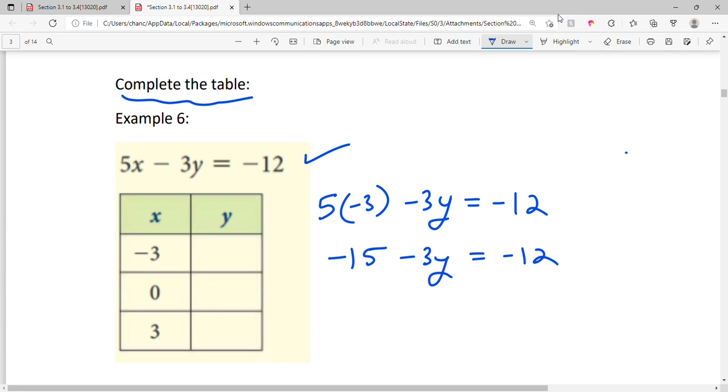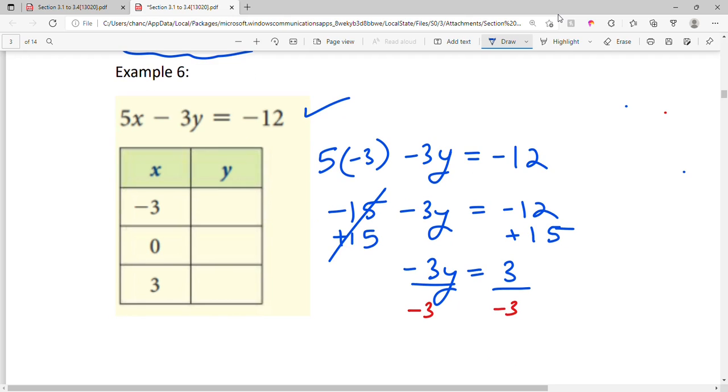Now I can solve for y by adding 15 to both sides. Negative 3y is equal to a positive 3. Negative 12 plus 15 is a positive 3. Let's divide both sides by negative 3. This gives me y equals negative 1. That means our first ordered pair is negative 3 comma negative 1. That's a solution to the equation.